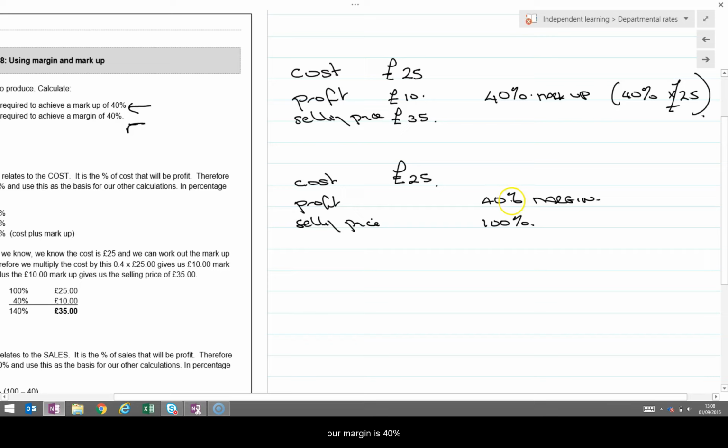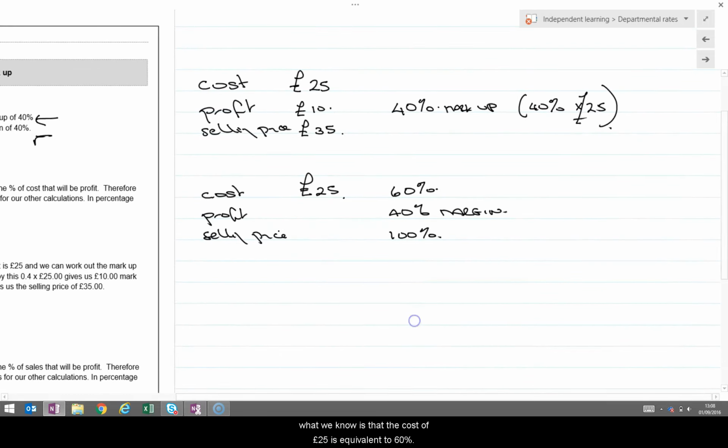Our margin is 40%, so that means that in percentage terms, our cost is the equivalent of 60%, the selling price minus the profit. Now that is going to help us to work out our missing figures.